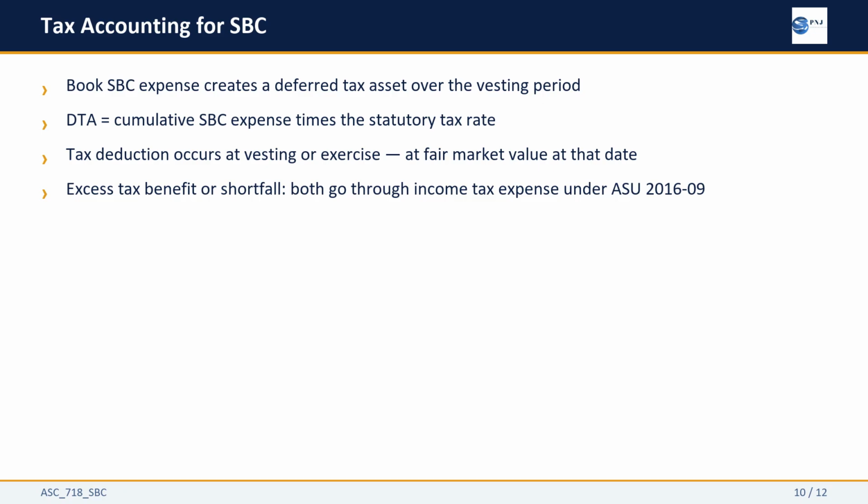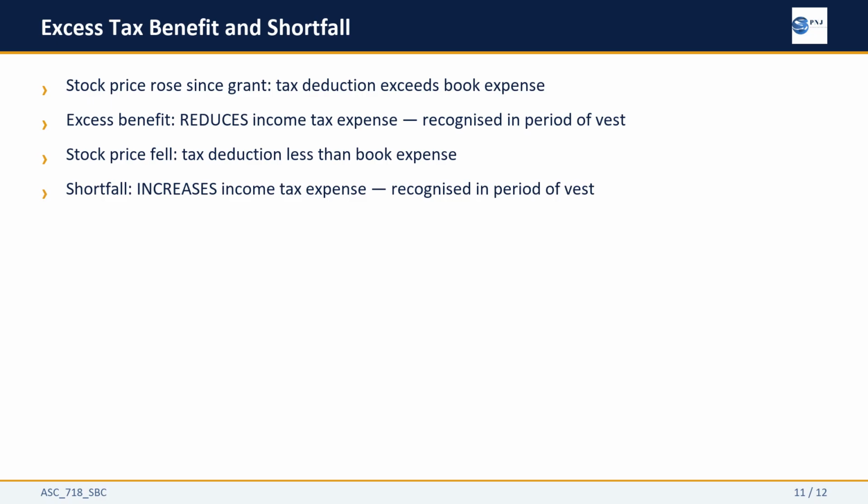The excess tax benefit and shortfall mechanics affect the effective tax rate in the period awards vest or are exercised. In a period when many awards vest at a stock price higher than the original grant date fair value, common in bull markets, the company will report excess tax benefits that meaningfully reduce its effective tax rate. Analysts and investors watch this line closely because it can make the effective tax rate appear lower than the underlying business rate.